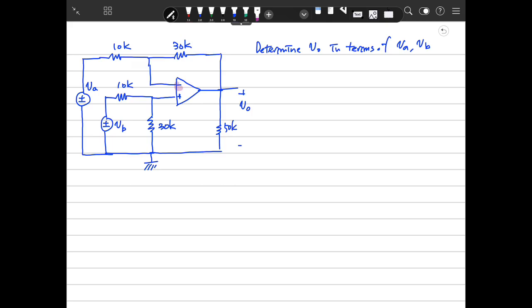Why is this pin minus and why is this pin plus? You will see in many op-amp circuits that the minus pin is connected to the output in this way, so we define the pin as minus.